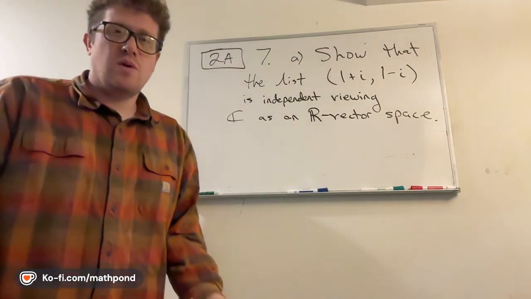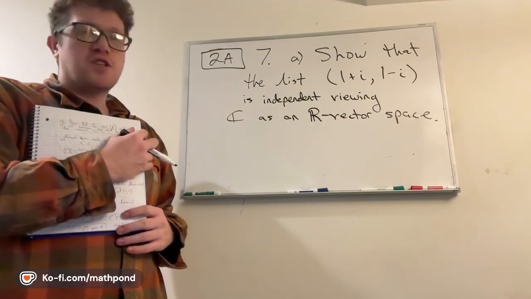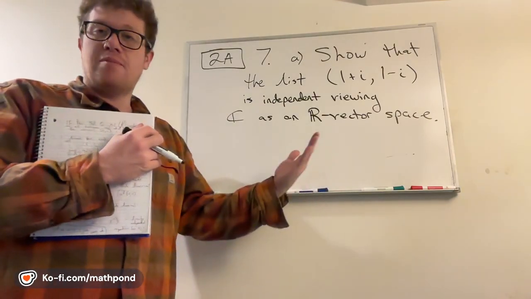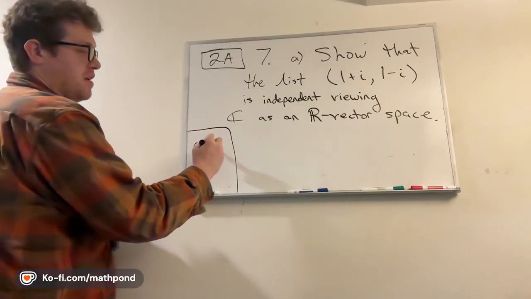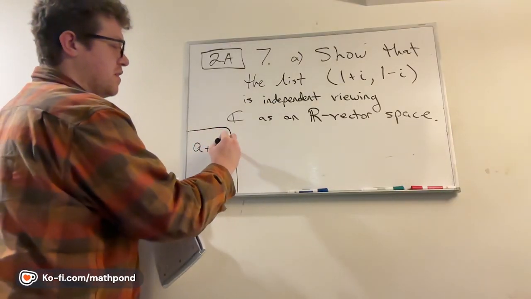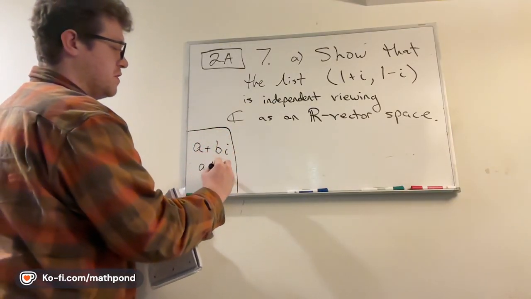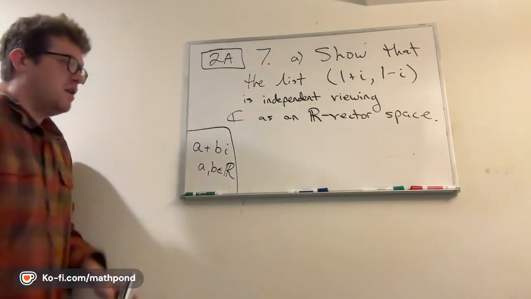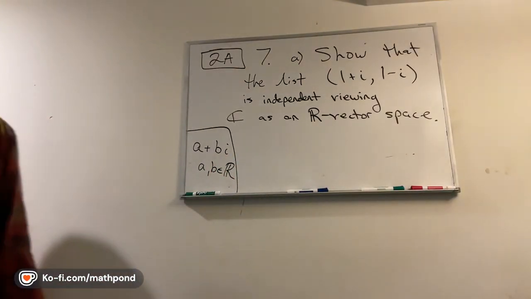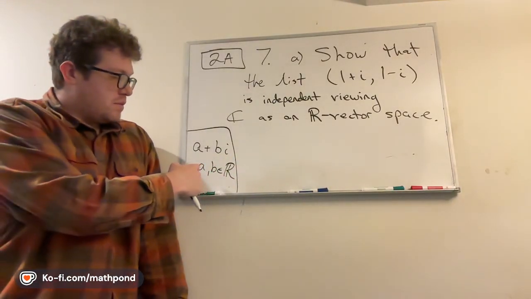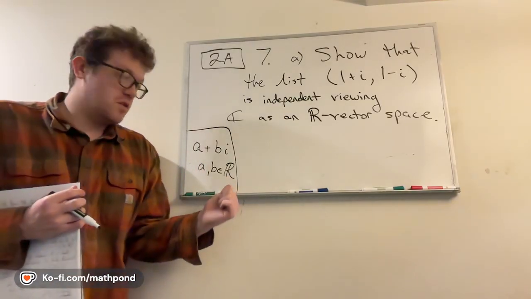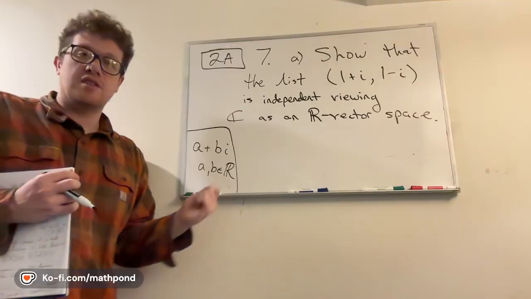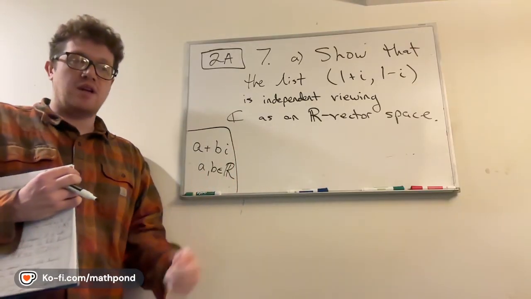Essentially what the problem is saying is you have the complex numbers, the set of all a plus bi, where a and b are real numbers. The set of all complex numbers forms a vector space over the real numbers, because you can take any complex number and scale it up or down by a real number and you get another complex number.